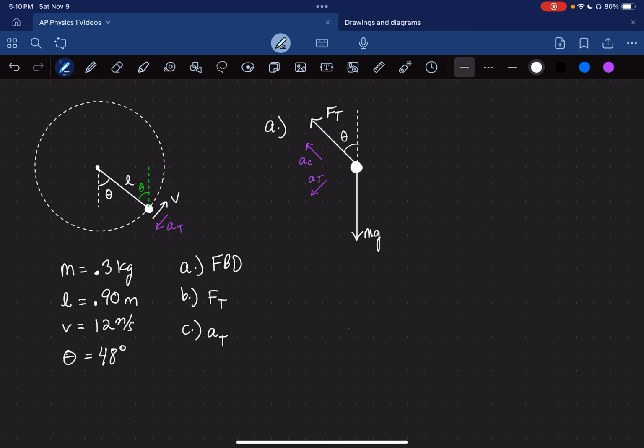So I'm going to copy this and trace this down here. Remember that you want to keep your free body diagram intact because that one is worth points. If you're going to break it up into components, do that somewhere separately.